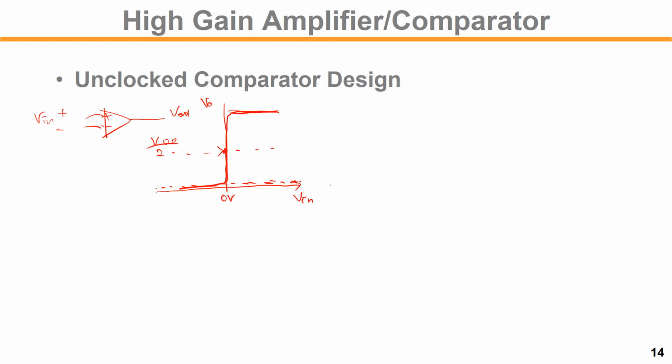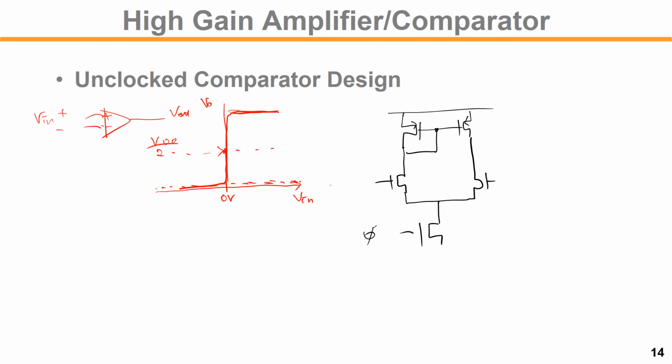Okay, for this kind of comparator design, we can use the same differential to single-ended amplifier structure, but for modern deep submicron processes, with the single-ended gain like this, the gain of this would be how much? With the bias here it is around gm times ro,p and ro,n.